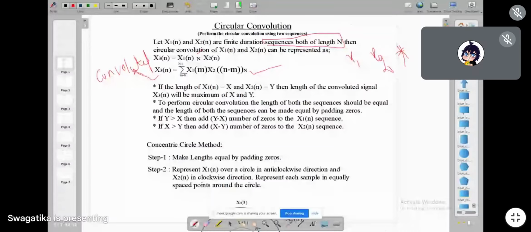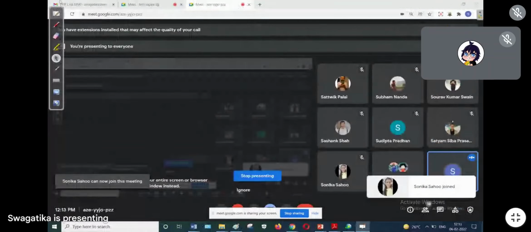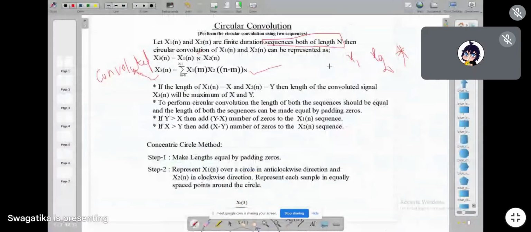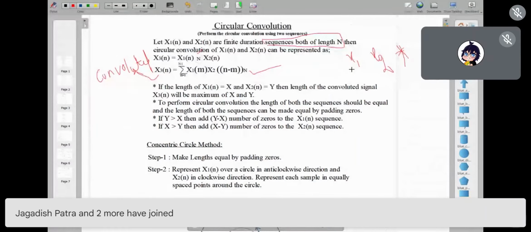So what you have to first determine is the length of x1 of n and x2 of n. If they are not equal, your first step is to make the lengths equal.